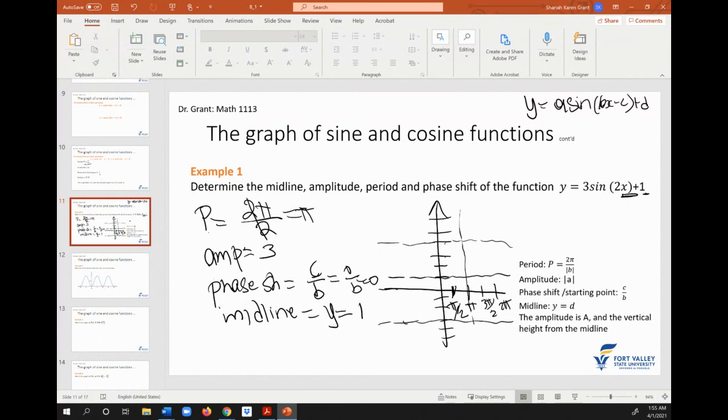Well, based on my graph, it goes up in the middle somewhere, and three from here is 1, 2, 3. So this is here.